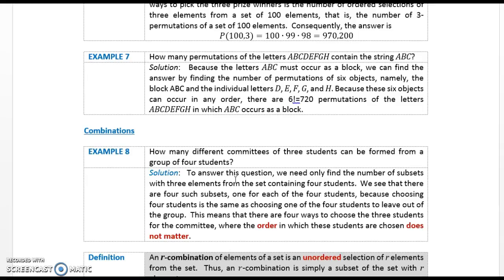Because the letters ABC must occur as a block, we can find the answer by finding the number of permutations of 6 objects, namely the block ABC and the individual letters D, E, F, G, and H. Because these 6 objects can occur in any order, there are 6 factorial equals 720 permutations of the letters A through H in which ABC occurs as a block.